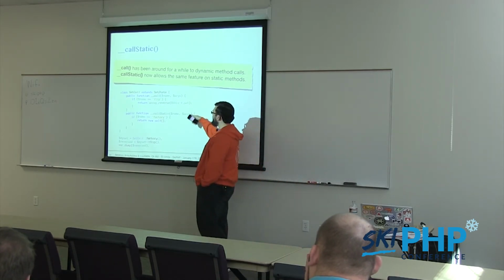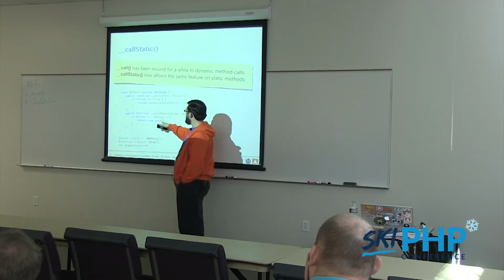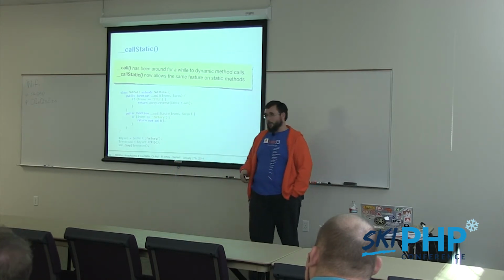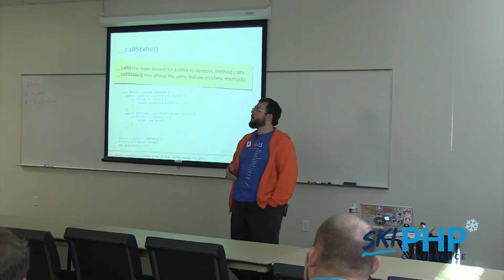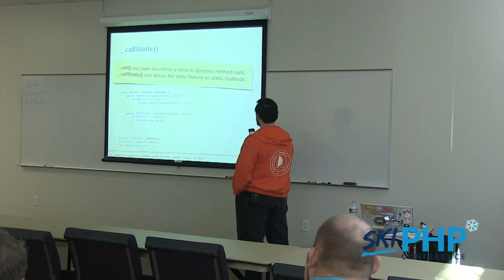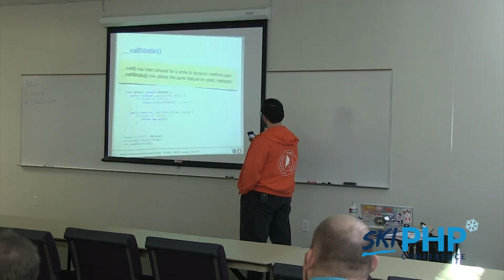So again, just a couple examples here of this weird function where you can call flip and it does an array_reverse. Or you could actually have a __callStatic where if the name passed in was factory, it creates a new copy of itself.